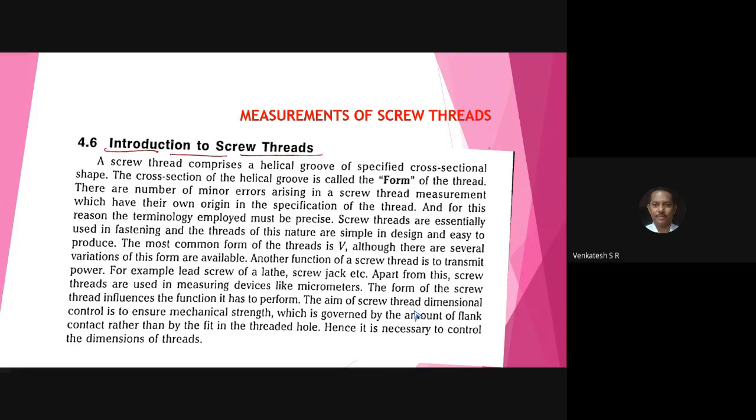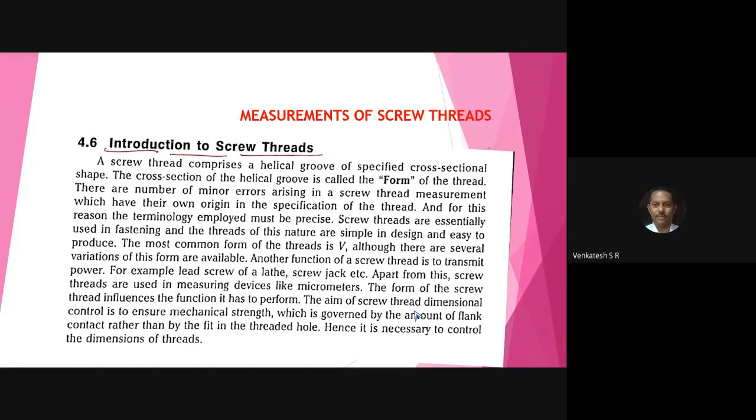See, the load bearing capacity of the thread is very, very important. Remember the word: load or force bearing capacity of the thread is very important. For small bolts and nuts, we use V thread.